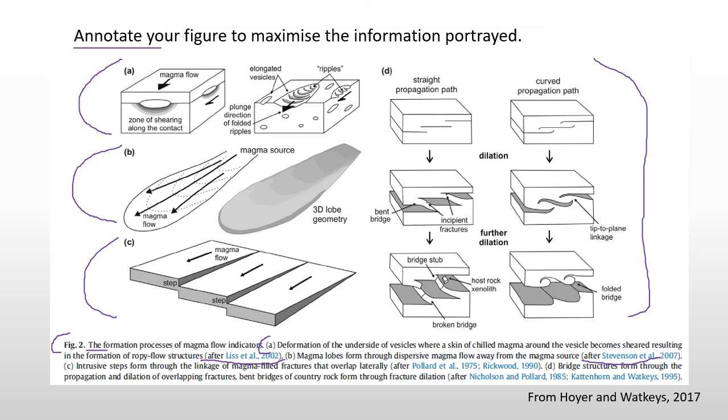And why that's really important is because people often will flick through things and just look at the figures and read the caption and try and glean as much information from that study using the figures. So you can look at this and you can easily see that what the study is going to be about. It's going to be about magma flow indicators, and we're looking at how we can predict magma flow using different structures that we see preserved in dolerite intrusions.